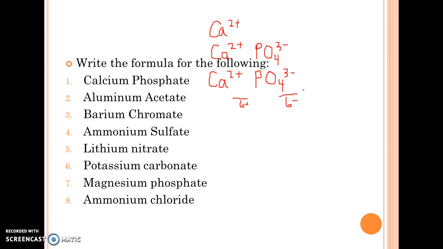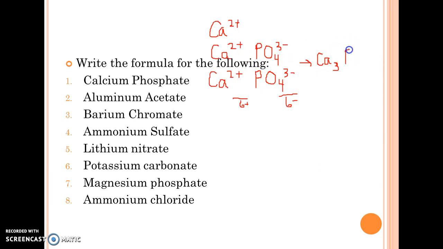Now I told you if we need more than 1 ion, we need parentheses. So when you write this formula, you write your calcium. We wrote it 1, 2, 3 times. So I'm going to put calcium with a 3 down here. Now calcium does not need parentheses because it's not polyatomic. Now we have phosphate.